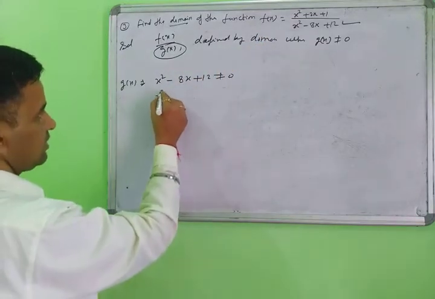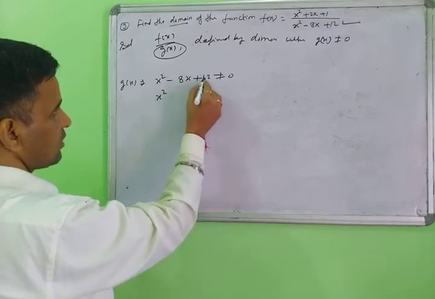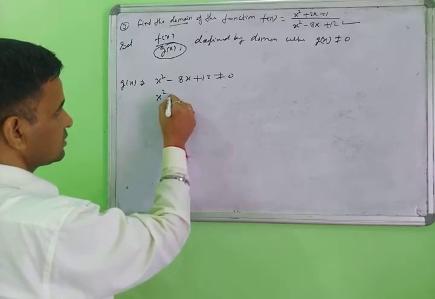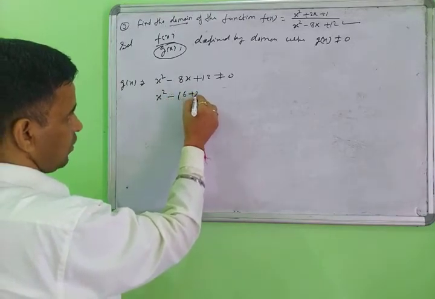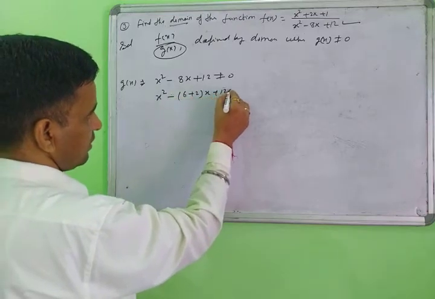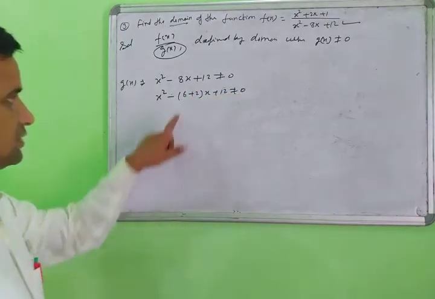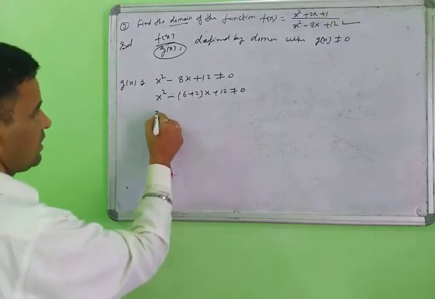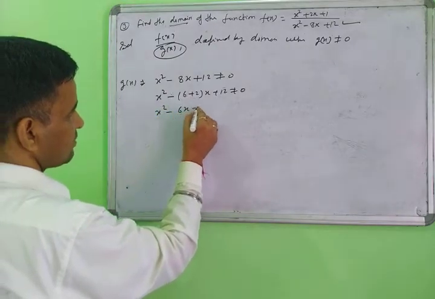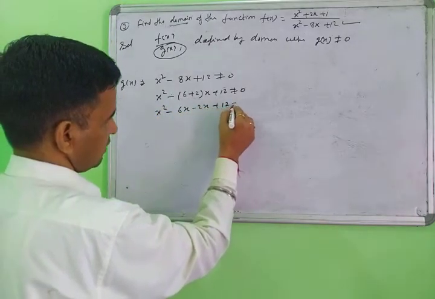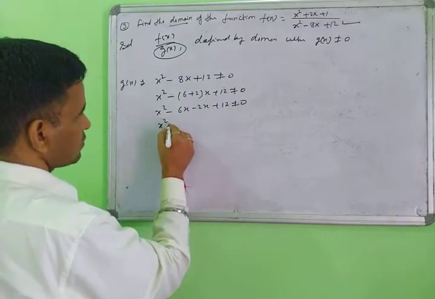Then x square, what are the factors of 12? 6 times 2 is 12, 6 plus 2 is 8. Then x square minus 6x minus 2x plus 12 does not equal to 0.